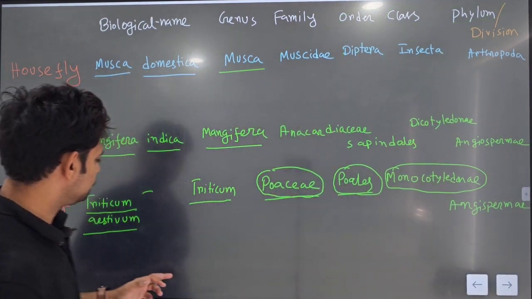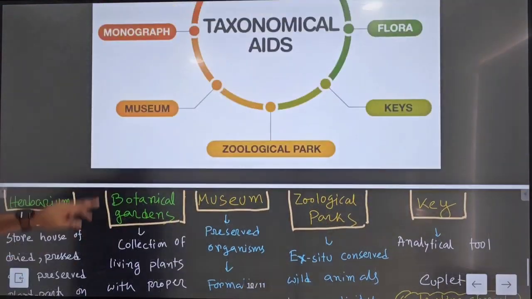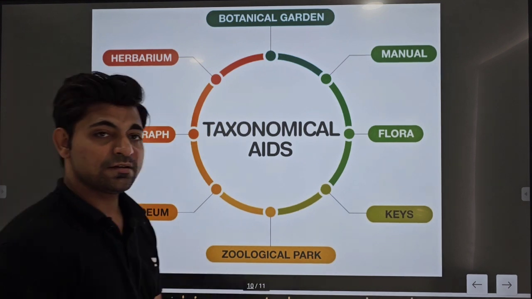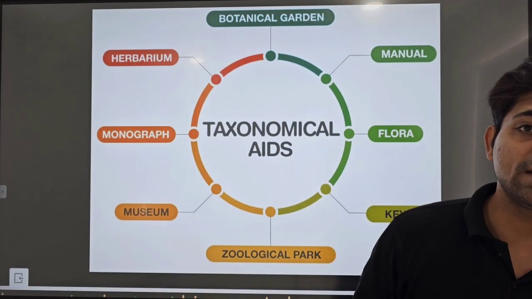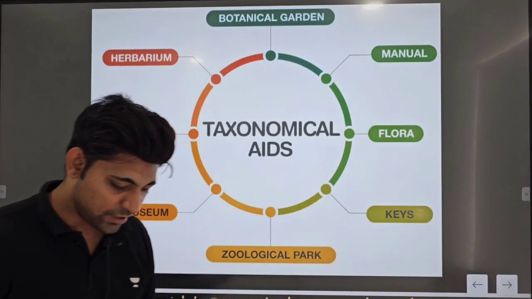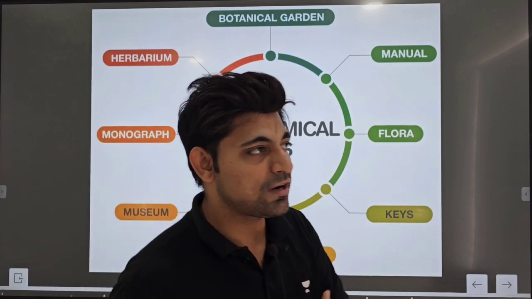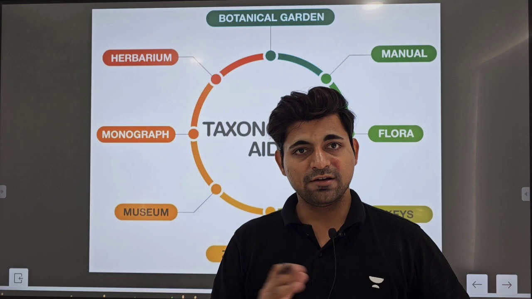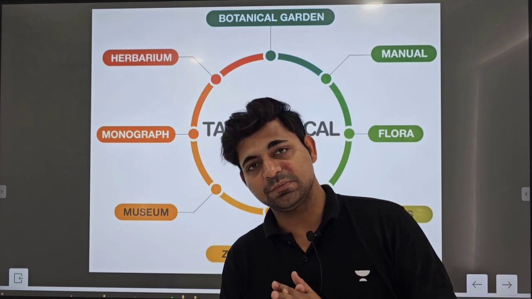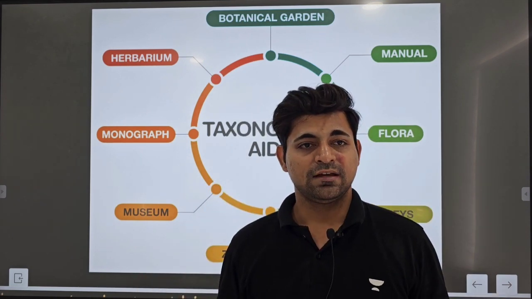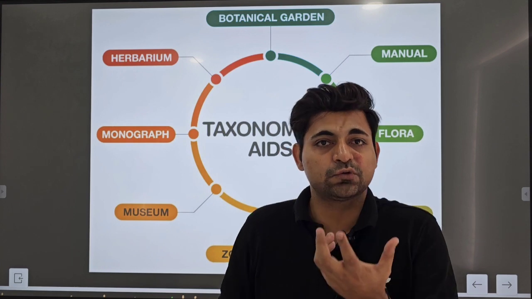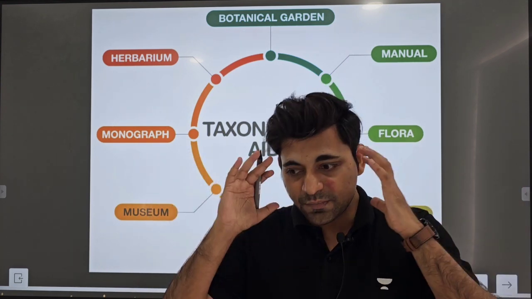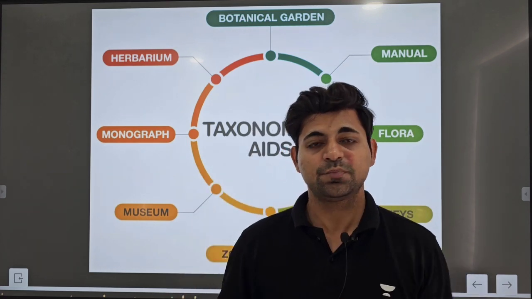Next, the last important thing of this chapter is taxonomic aids. Now, if I am a taxonomist, then while doing classification, identification, nomenclature, all these things, I have to get some tools, some devices, some knowledge base, some database to explore, right?